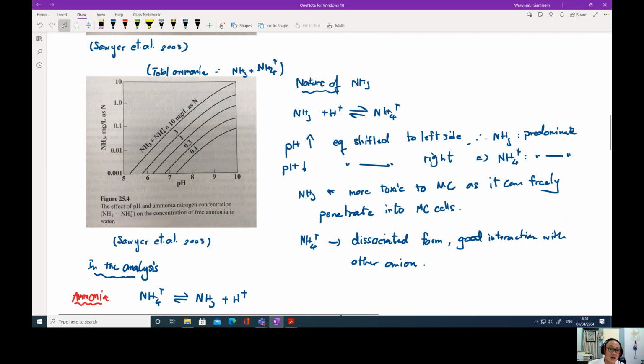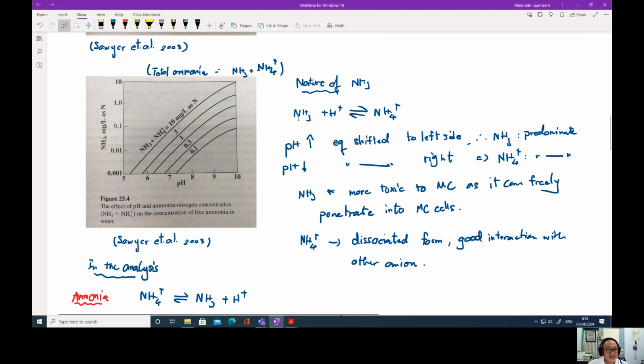They have great solubility, great capability for solubility in water. So they completely dissolve in water and have the ability to interact with other ions, positive cations or negative charge anions.